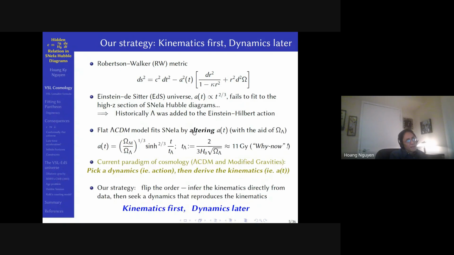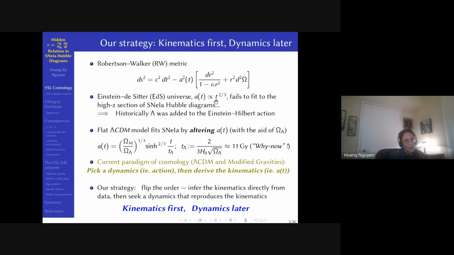And from that, with the lambda term in the Einstein-Hilbert action, we solve for the Friedmann equation. The Friedmann equation will give us a new a(t). So the way lambda CDM handles the Hubble diagram is that you change the a(t) here. Right?